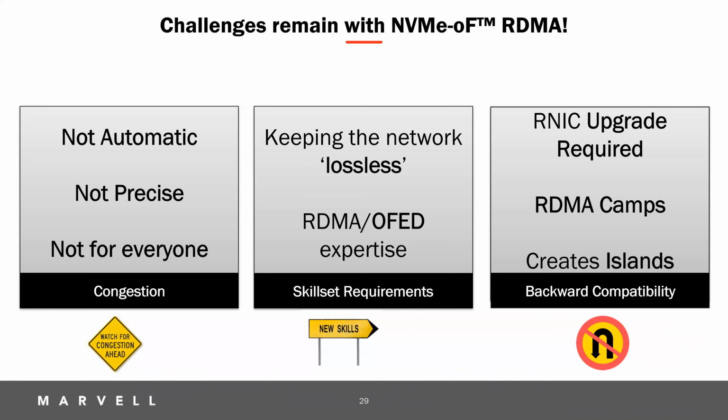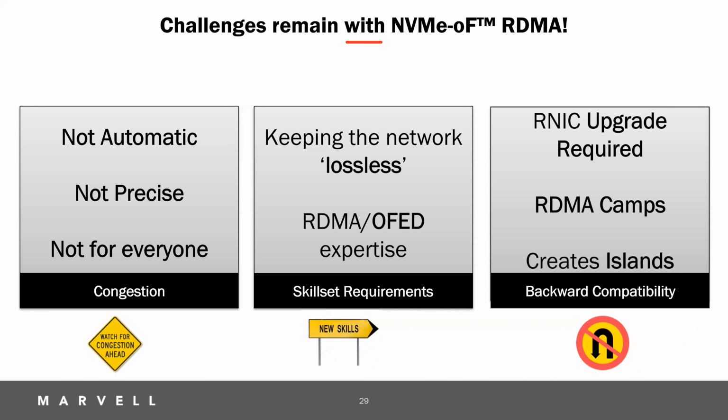It's not precise. As workloads change, you may need to change your settings again. And if you have PhDs running your networks, perhaps RoCE v2 is a great choice, and you can manage and deliver a lossless network. But most of the customers I talk to don't have PhDs running their networks. They have smart IT networking people, definitely, and hence managing congestion in that kind of network could be challenging.